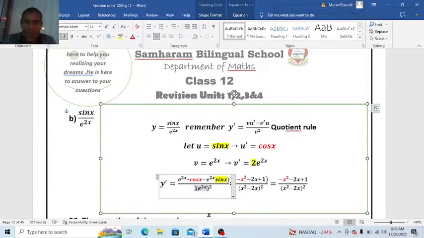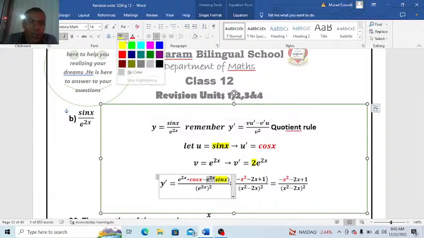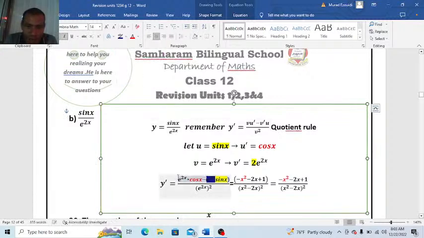You can see that, learners, here we have exponential of x and here also we have exponential of x.